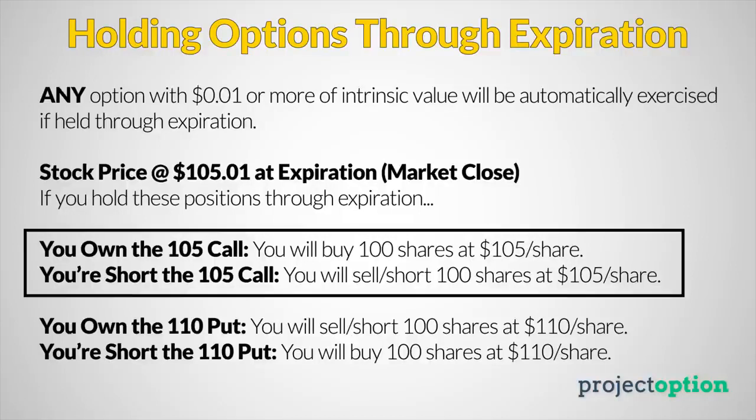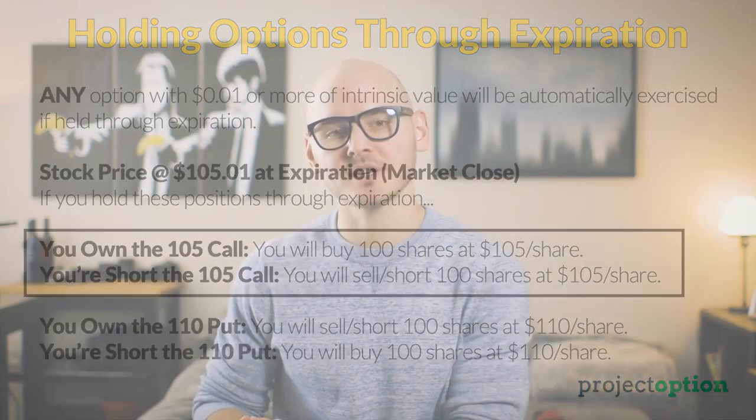So when you're looking at expiration, and this is why I recommend that you don't hold options through expiration, if they are in the money, meaning they have intrinsic value of 1 penny or more, those options, if held through expiration, will automatically be exercised, and for that reason, you will end up with a stock position corresponding to whatever option position you had. So that is what happens at expiration, and that is exercise and assignment in a nutshell.